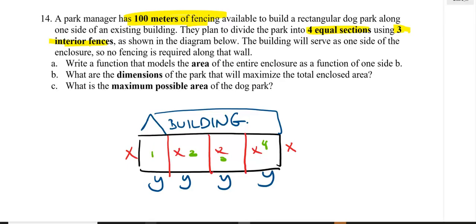The question is, write a function that models the area of the entire enclosure as a function of side B, it says. It could be side X, it doesn't matter here.